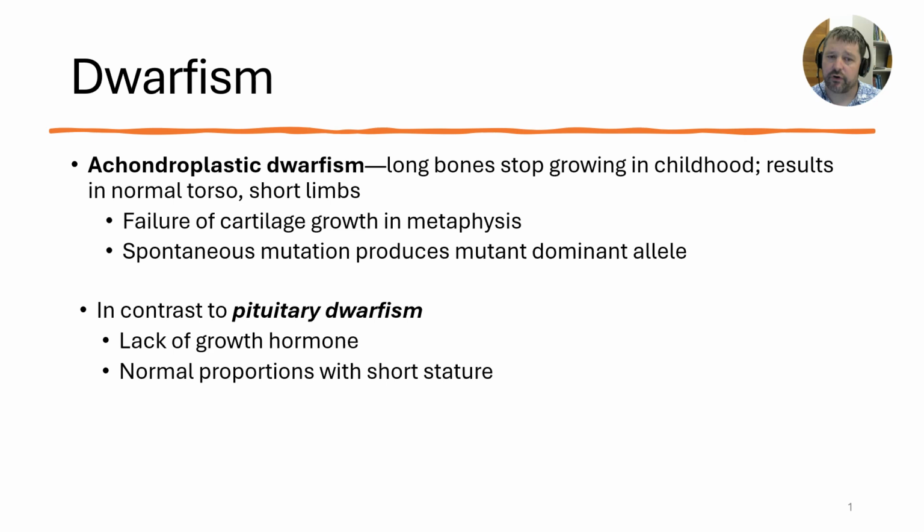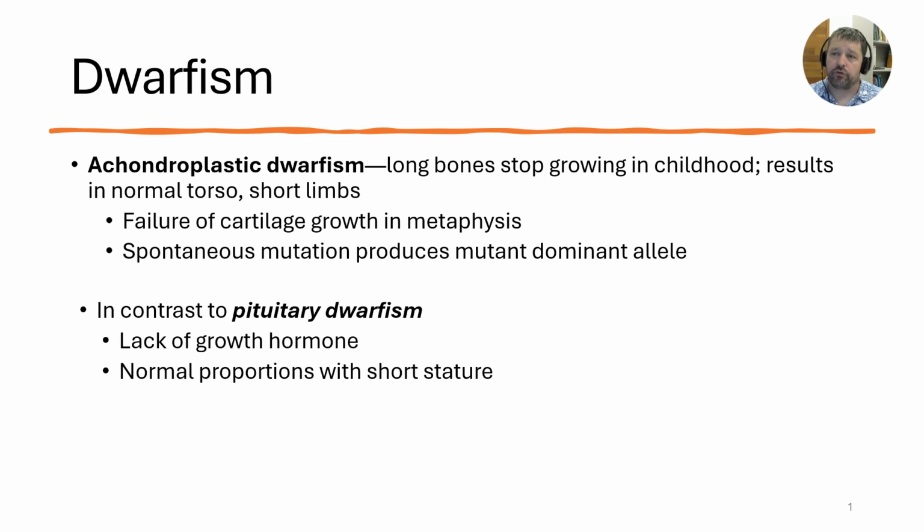The other type is pituitary dwarfism, which is also related to a mutation, but a mutation in the pituitary gland that releases GH, or growth hormone. In all cases, growth hormone is a stimulating hormone that stimulates the addition of material to your bones. So it stimulates the growth of all the bones, even flat bones.